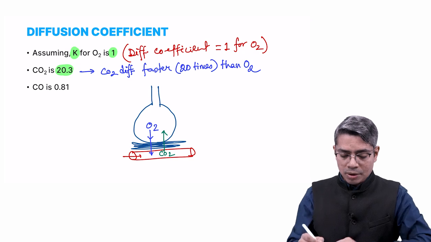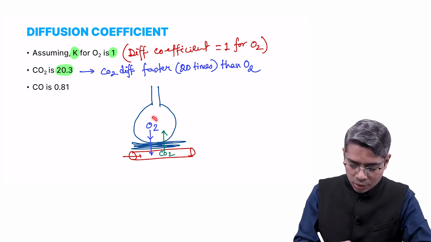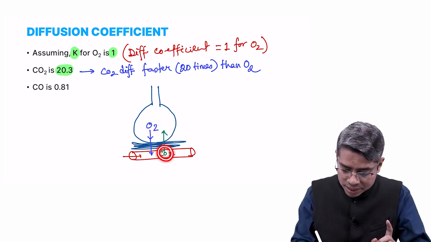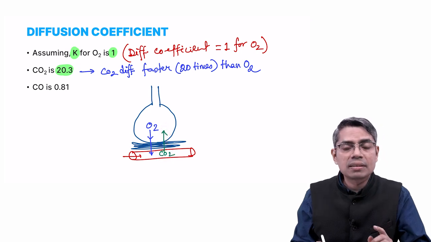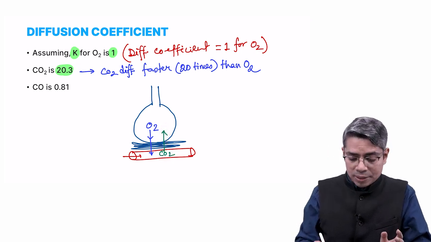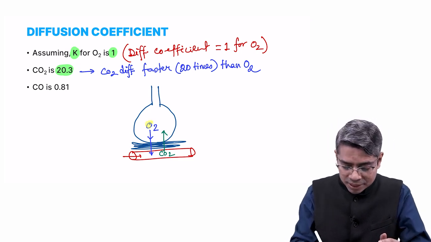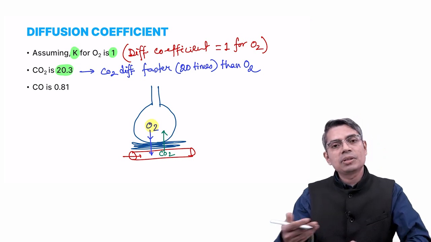Why? Because if you compare the diffusion of oxygen and carbon dioxide, the carbon dioxide diffusion is 20 times faster than that of oxygen. That's why, although oxygen will suffer, I am not able to cross this membrane.